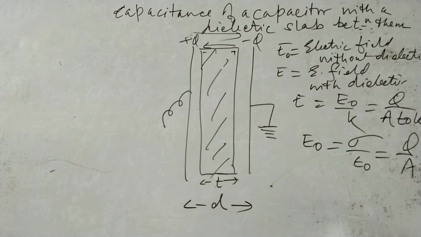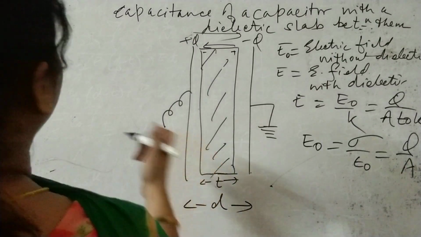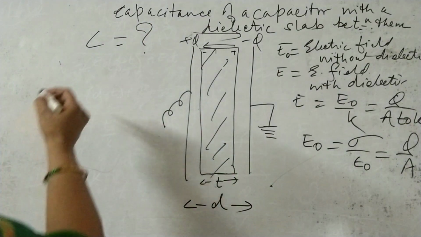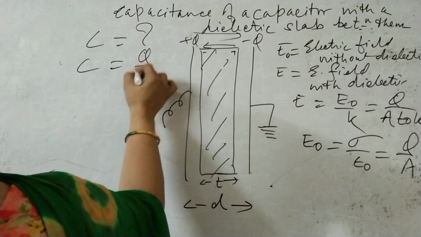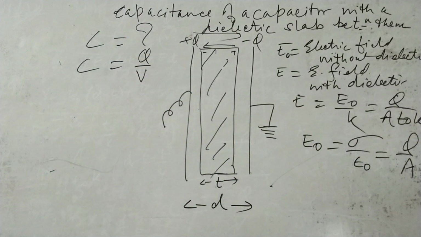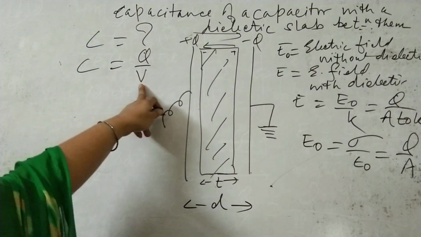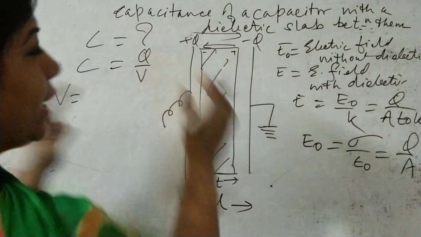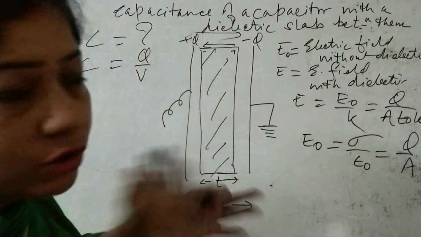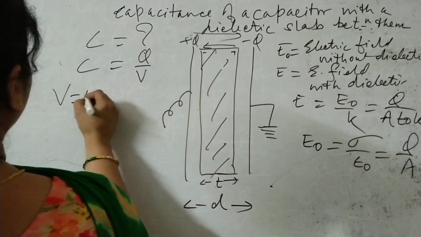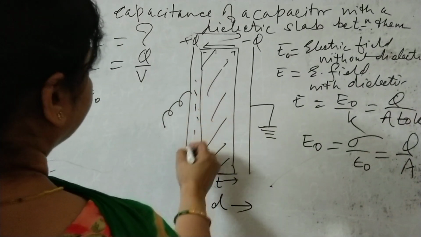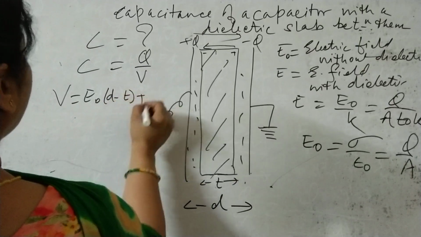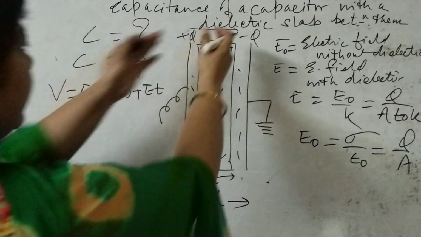We need to find the capacitance. C is equal to Q by V, that is the basic formula, so we need the value of V. First we find the potential: where there is no dielectric the field is E naught, over the distance D minus T, plus E into T where there is a dielectric.